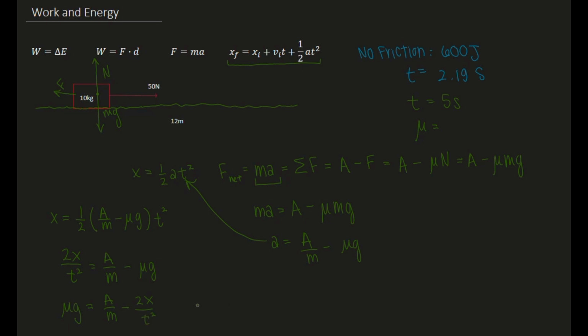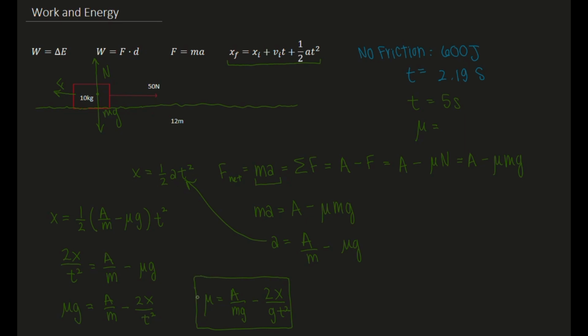So I get then the frictional coefficient is equal to the applied force over the mass times gravity, and I'm going to subtract from that 2x over gravity times time squared. And that's my final formula for finding the frictional coefficient.